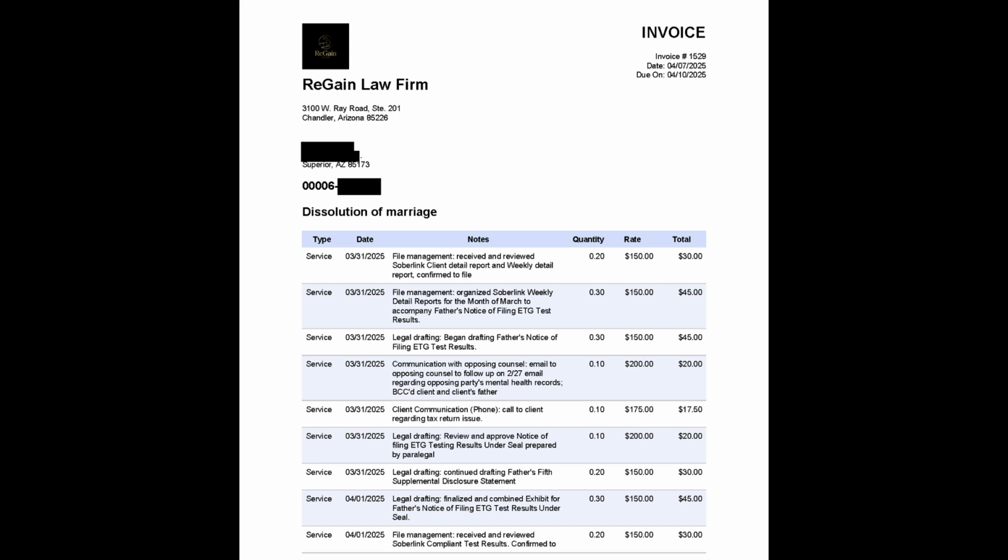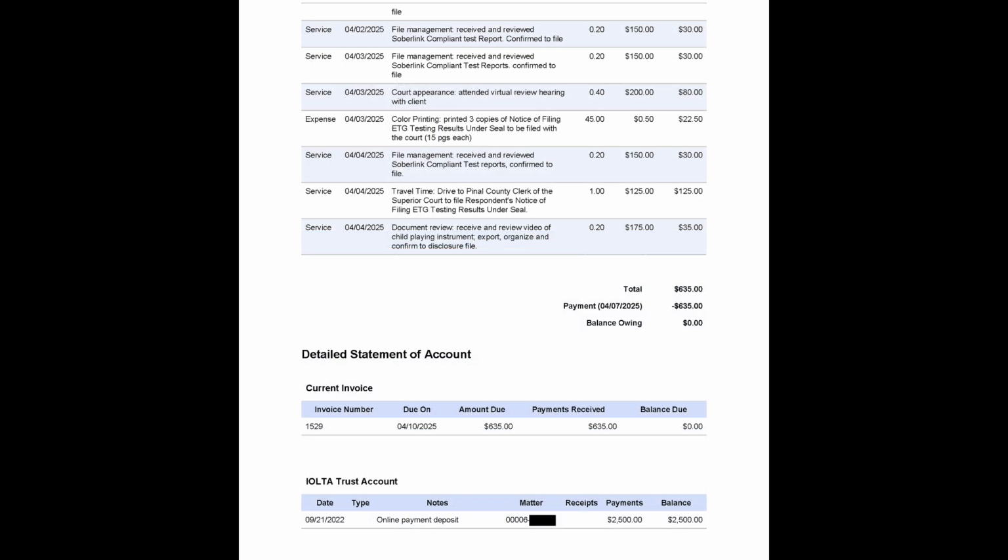This section will include the date the task was performed, a description of the task, the time spent on each task, the rate charged for each service, which varies depending on who performed the task, and the total amount charged for each task. Certain costs, such as court filing fees, process server charges, and document runner fees, are third-party expenses that we pay on your behalf. These charges will appear under this section of your invoice as an expense.